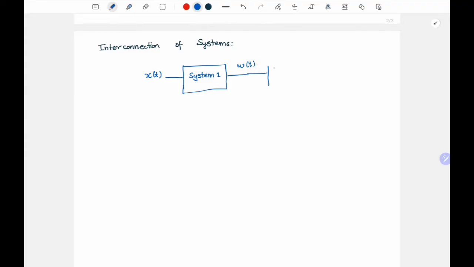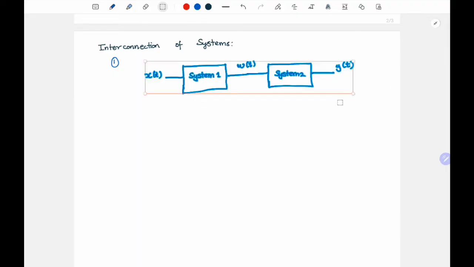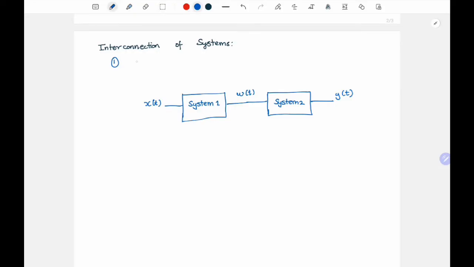And I can feed this w of t as input to a second system. So system 2. And then I get the final output as y of t. So this is like the systems in series, right? So this is the first one, series connection of systems.